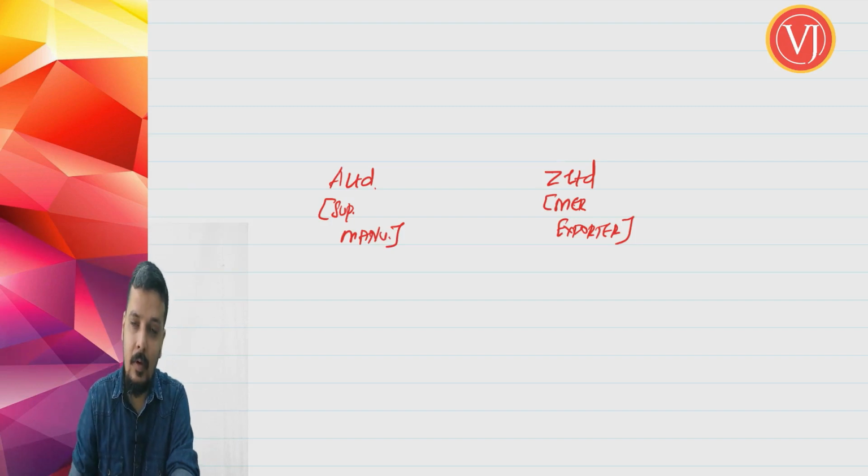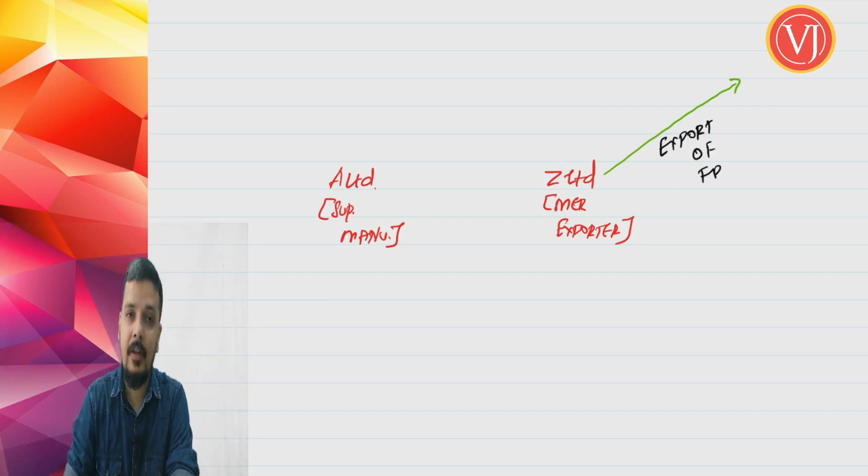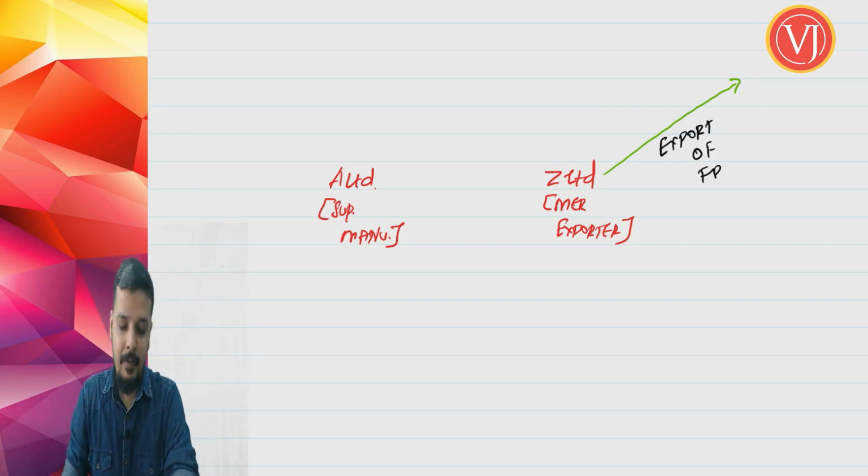Z Limited will export the final product, but the import of raw material and the manufacturing will be done by A Limited.